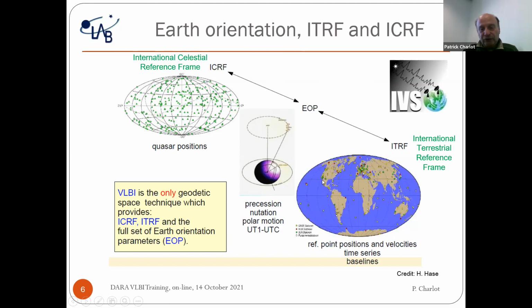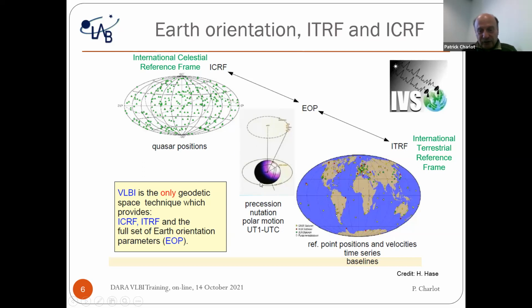And in between the two, you have the Earth orientation parameters, as we say, and they connect the terrestrial frame, which is attached to the Earth, and the celestial frame, which represents directions in the sky.